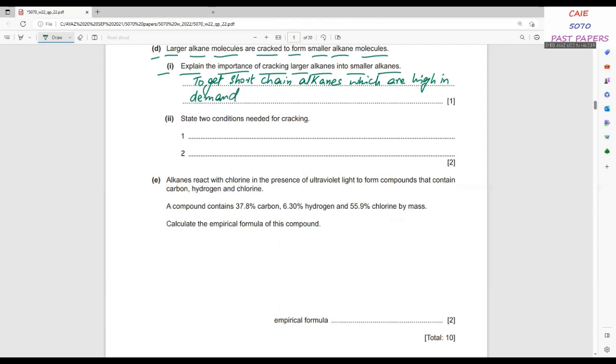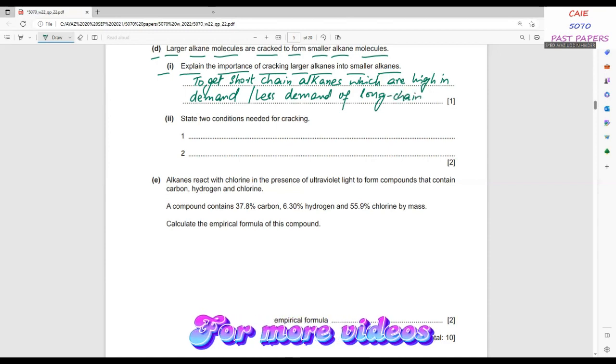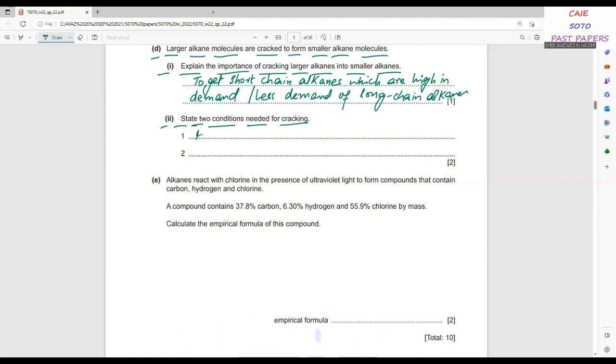You can even refer that long chain alkanes have less demand. Number two, state two conditions needed for cracking. High temperature and catalyst.